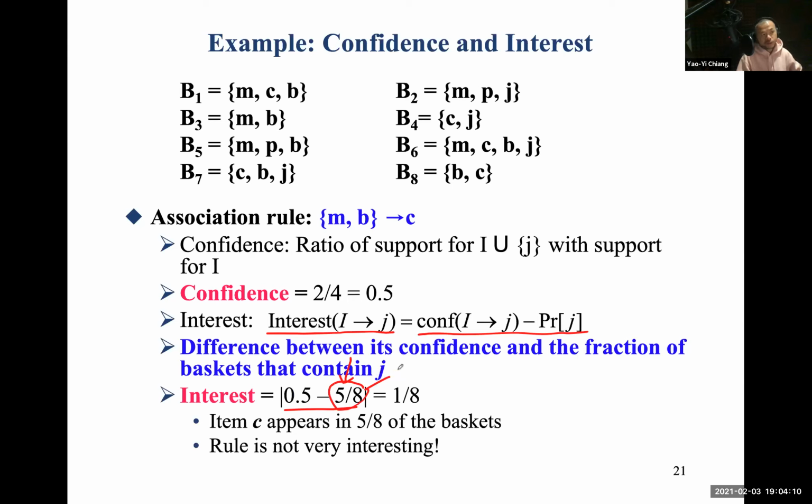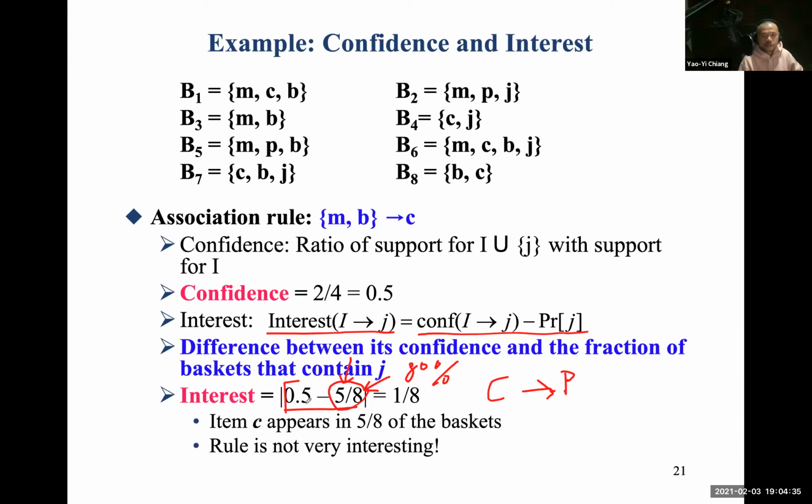So for example, using that Coke Pepsi example, let's say Pepsi is very popular. So 80% is this probability. 80% of the basket contain Pepsi. And we're looking at Coke implies Pepsi.